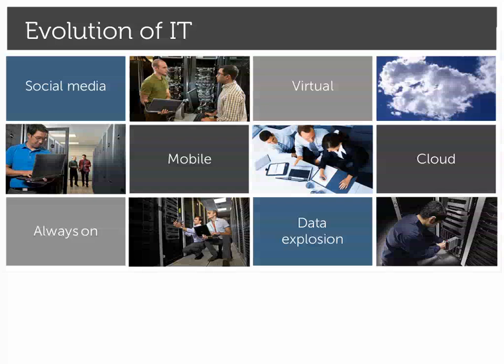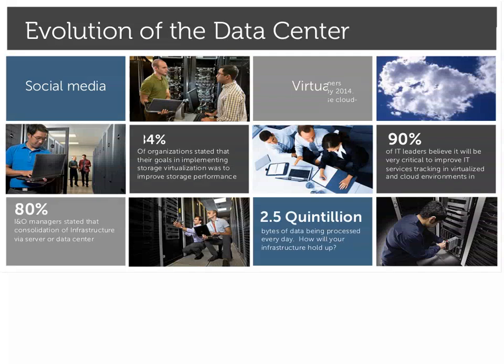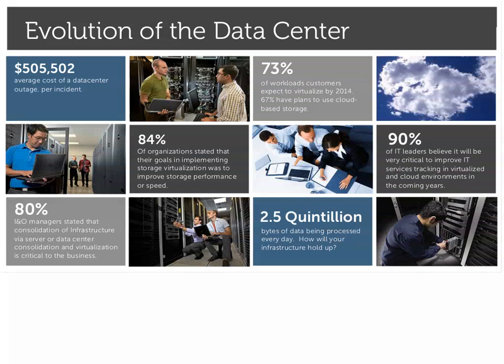As that evolution of IT occurs, you look at some of these major items: the data explosion, cloud, mobile, always-on, virtual. That leads to some very interesting statistics about the evolution of the data center. We've highlighted a few here, where 73% of customers expect to have some sort of virtualization, or be virtualized, by next year.